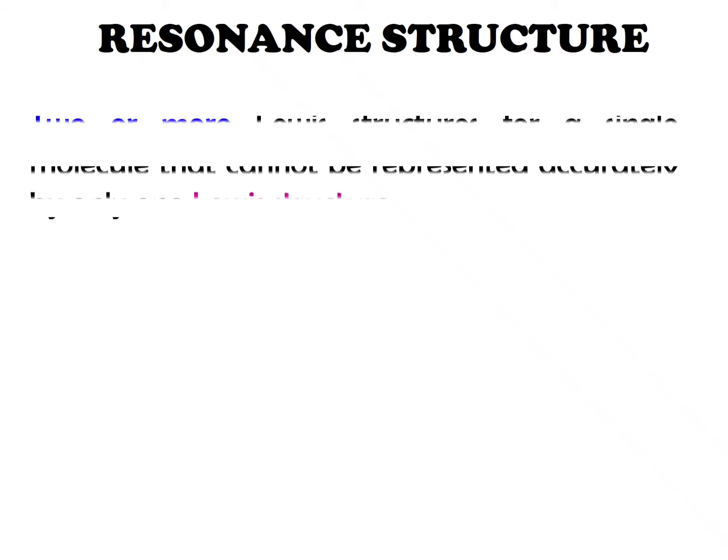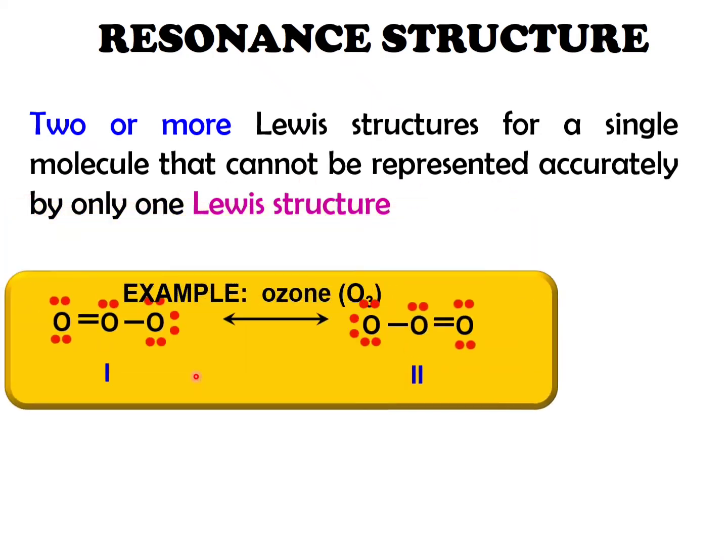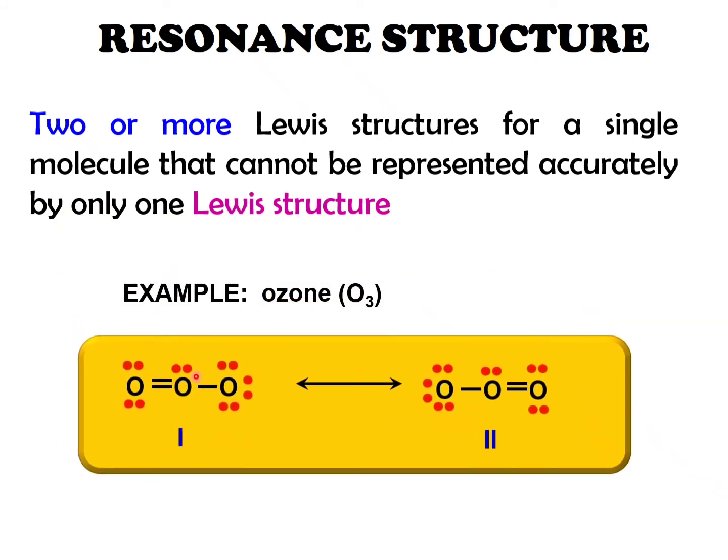Okay, next we look at what is resonance structure. Resonance structure refers to two or more Lewis structures for a single molecule that cannot be represented accurately by only one Lewis structure. For example, we have this structure for ozone, O3. So when you draw the Lewis structure for ozone, the most plausible Lewis structure for ozone is like this.